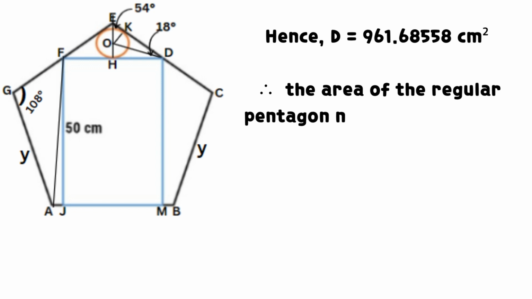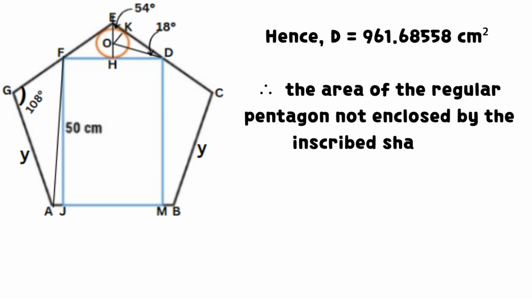Hence, D equals 961.68558 centimeter square. Therefore, the area of the regular pentagon not enclosed by the inscribed shapes is 962 centimeter square to 3 significant figures.